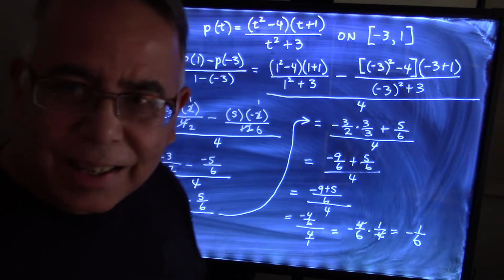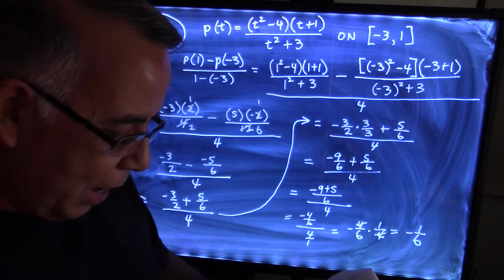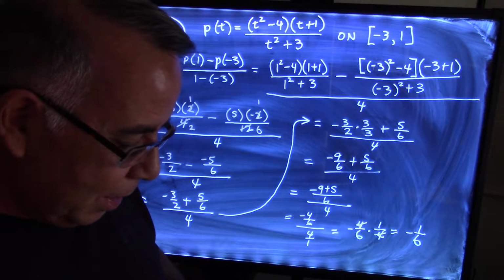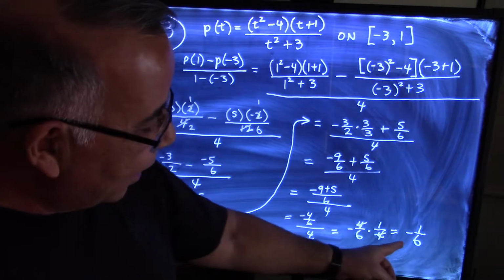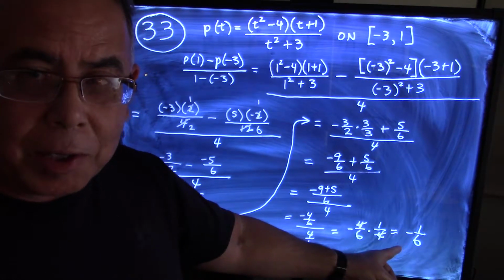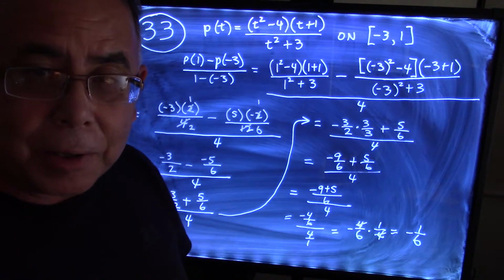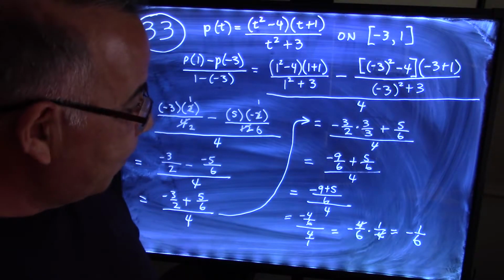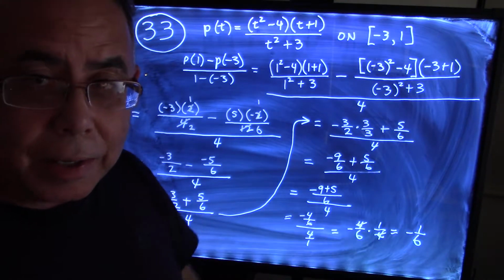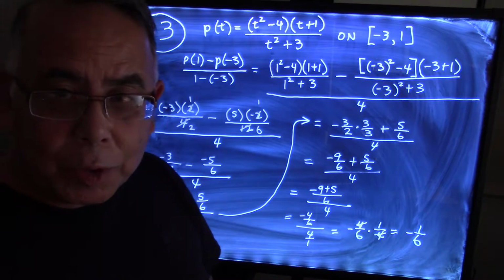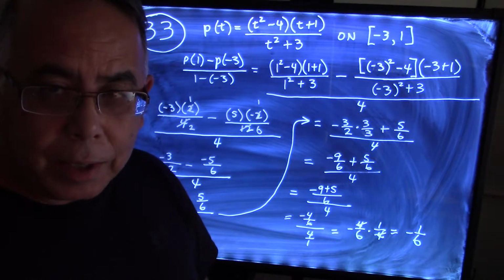Now, your book has a decimal approximation. Negative 0.167. That's negative 1/6 as a decimal, but rounded to 3 places. Alright. So, personally, I prefer this because this is the exact answer, and it's easy to get the decimal equivalent for this in a calculator.